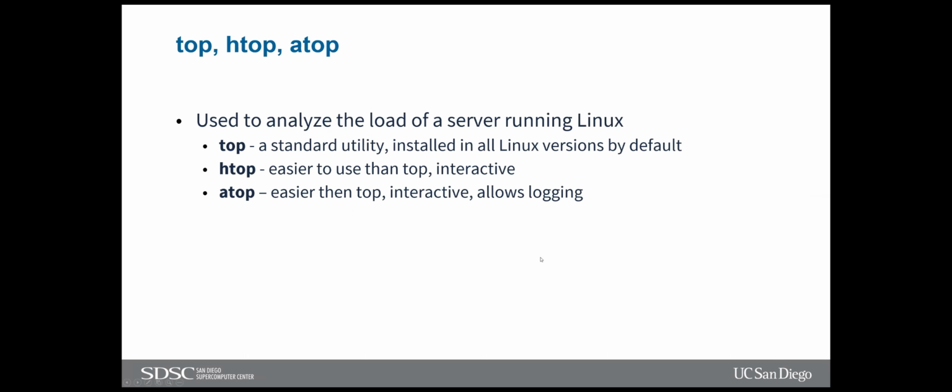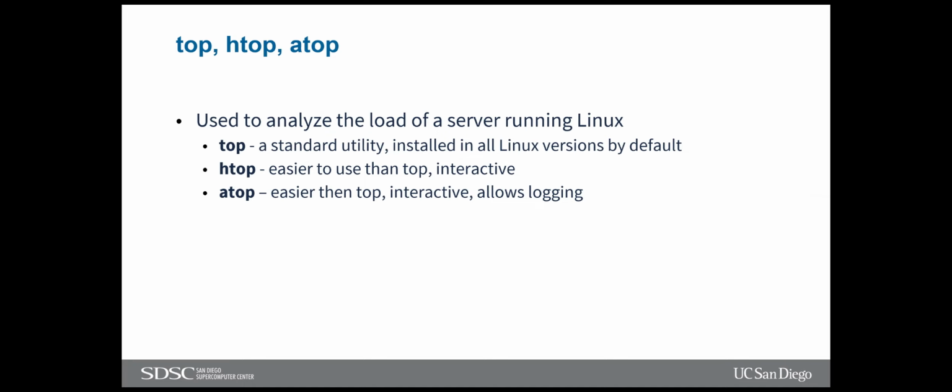So there's a family of commands, the top commands. There's top, htop, and atop. They dynamically display Linux processes. It's kind of a real-time view of what's running on the system. The top command is by default loaded on all Linux systems.